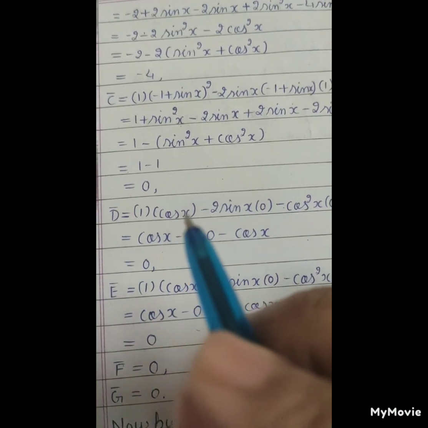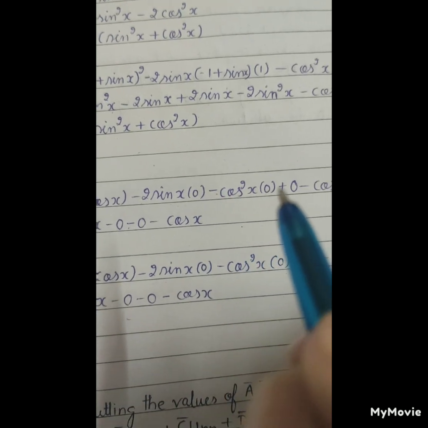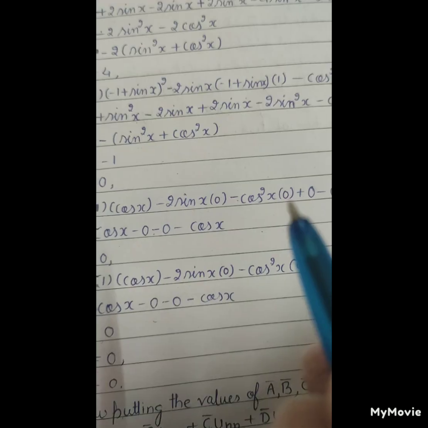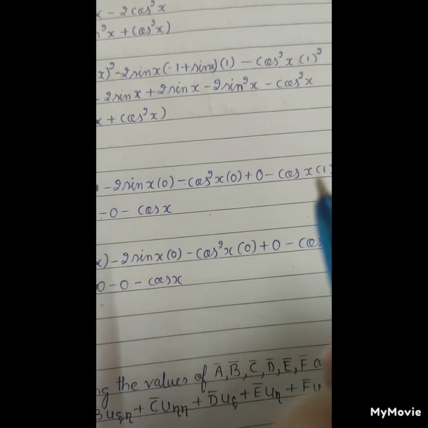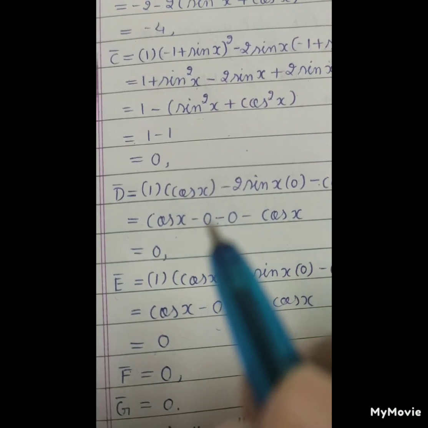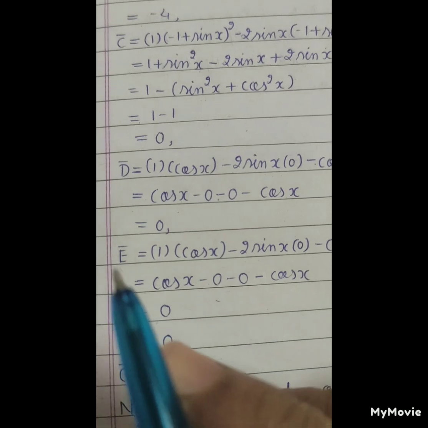Similarly, D bar equals to 1 into cos x − 2 sin x into 0 − cos² x, D bar's value is cos² x + 0 − cos x into 1 equals to cos x − 0 − cos x equals to 0.